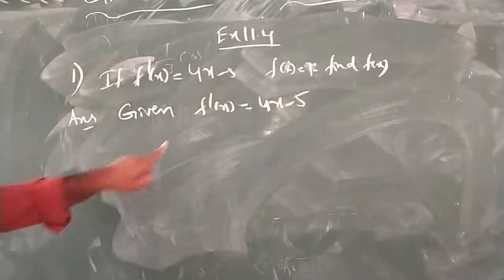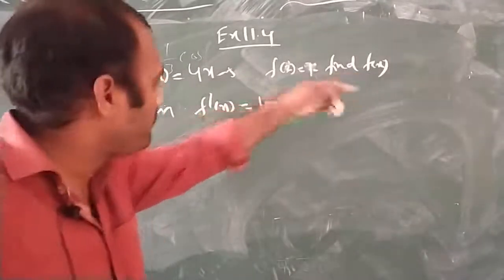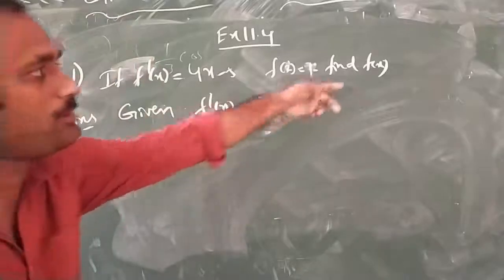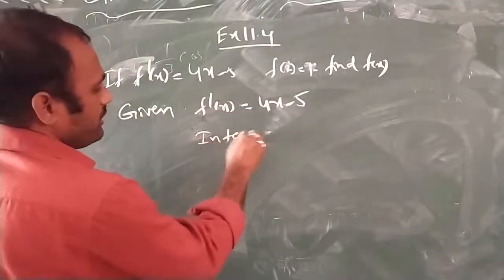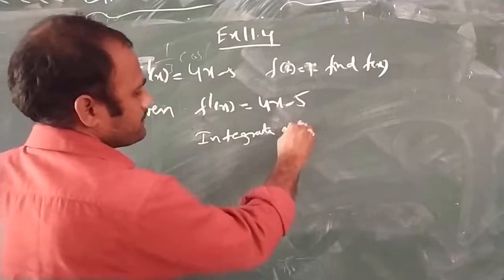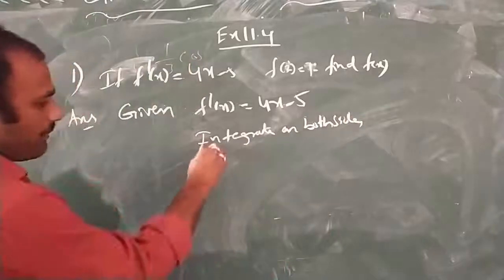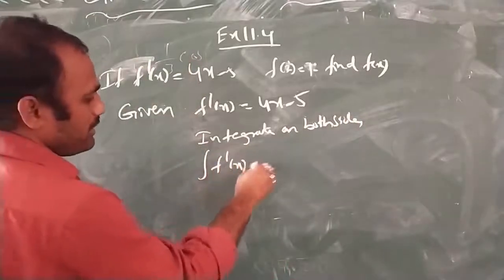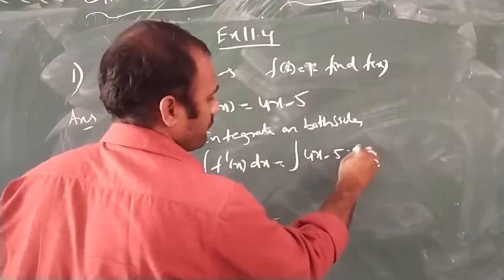Look here. From f dash of x, if I want f of x, from derivative to the normal function, I have to apply integration on both sides. So integrate on both sides. Integration of f dash of x dx is equal to integration of (4x minus 5) dx.